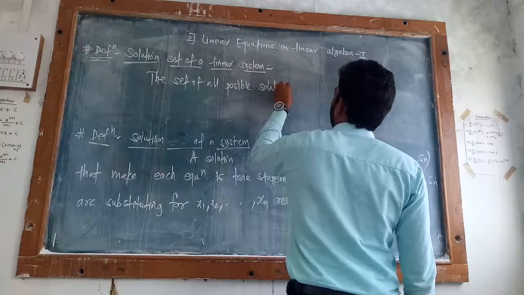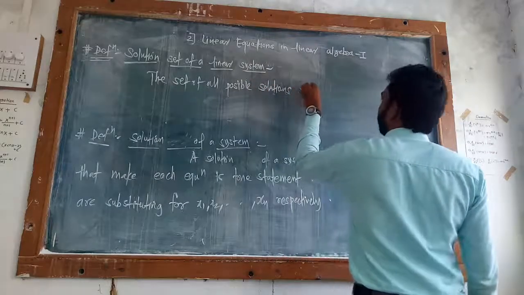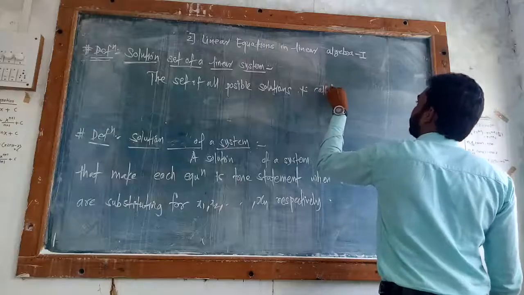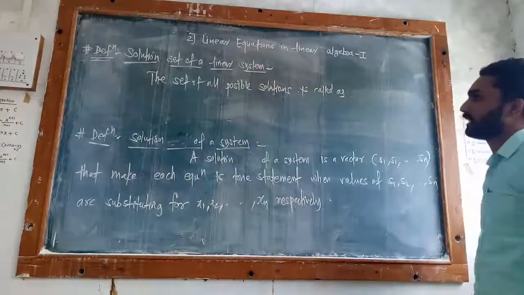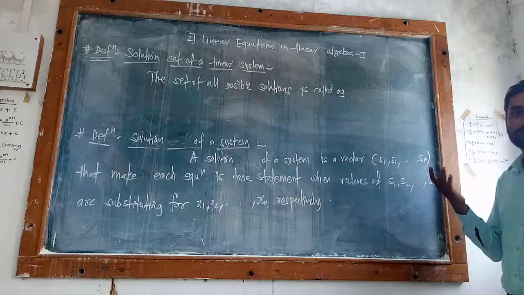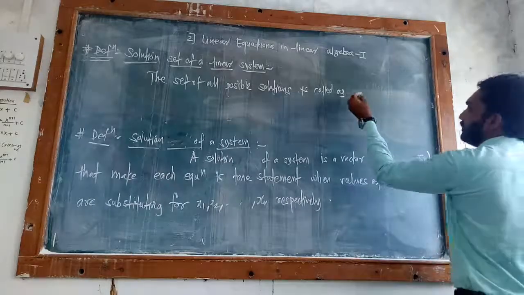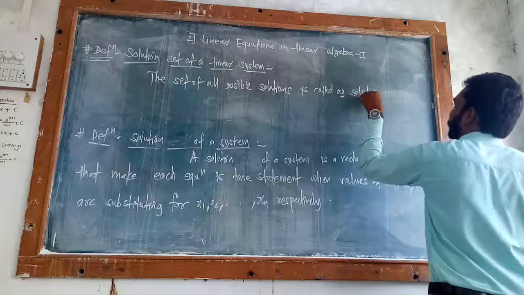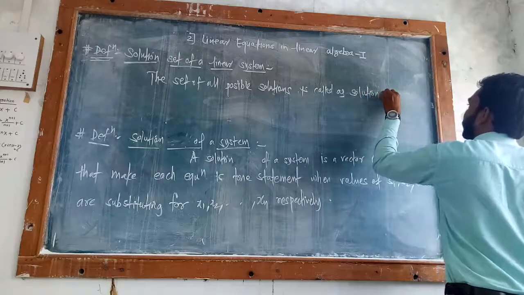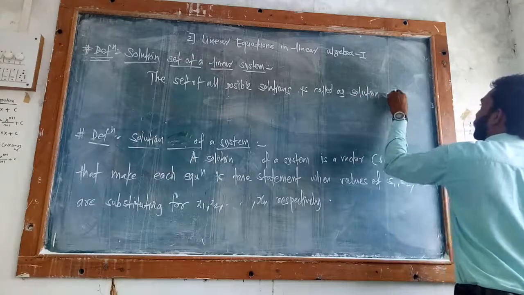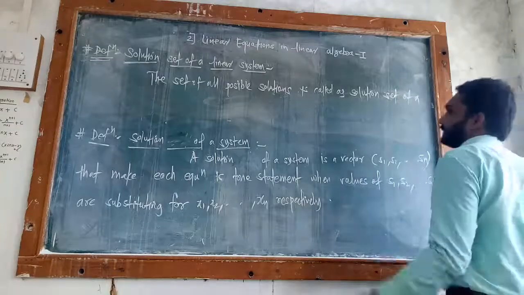The set of all possible solutions is called the solution set of a linear system.